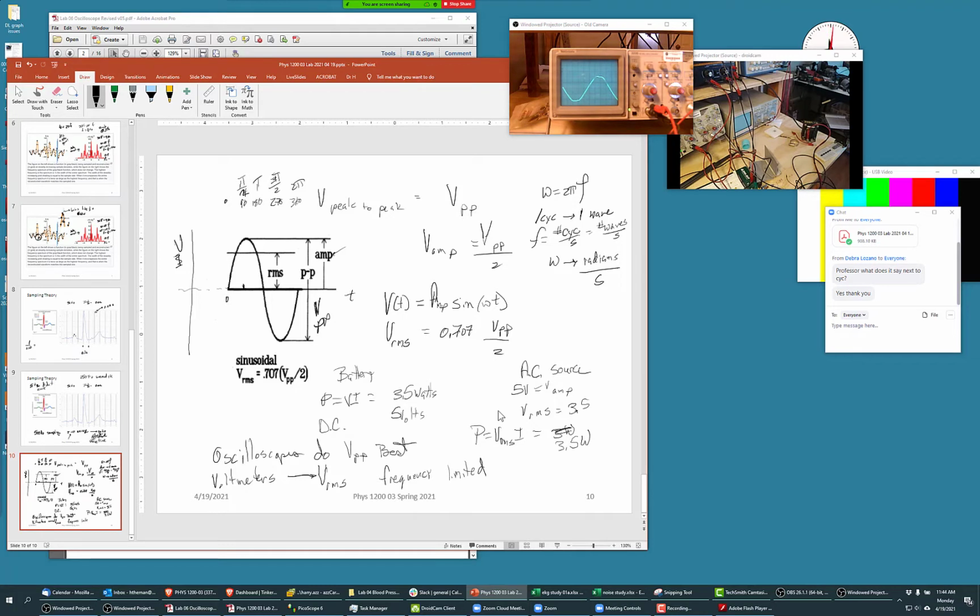When I was your age, you had to spend a lot of money to get one. First of all, for the most part, they do 60 hertz for obvious reasons, because an electrician needs to measure the voltage of your outlets. Back in the day, only 60 hertz.